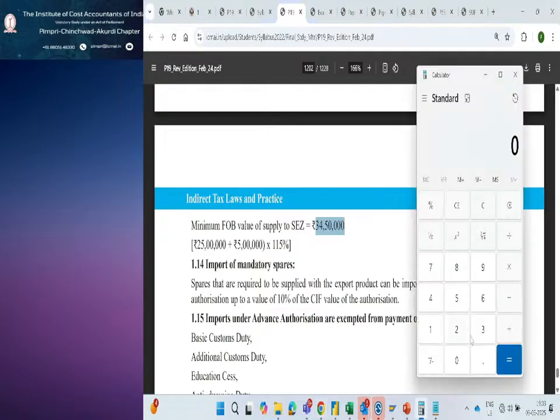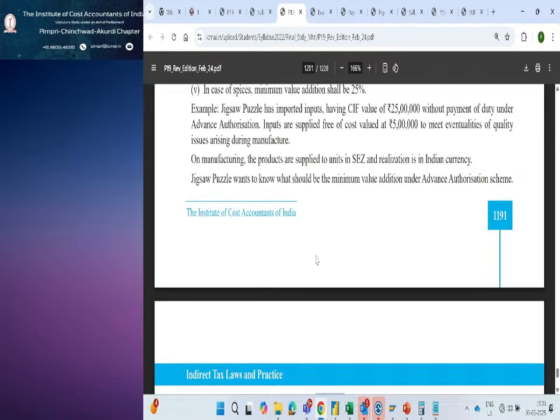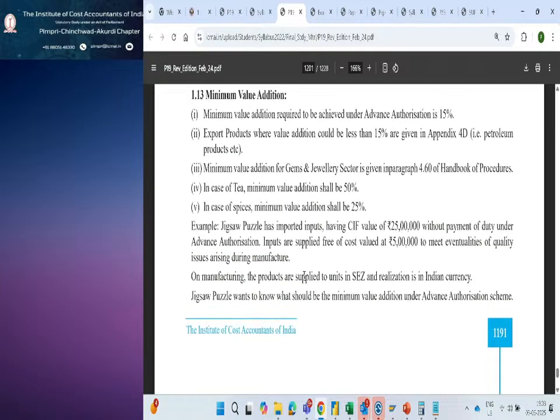How? 30 lakhs multiplied by 115%. So 34 lakh 50,000 we need to show as our export supply. That is, our export sales should be 34 lakh 50,000. So this is the value addition.